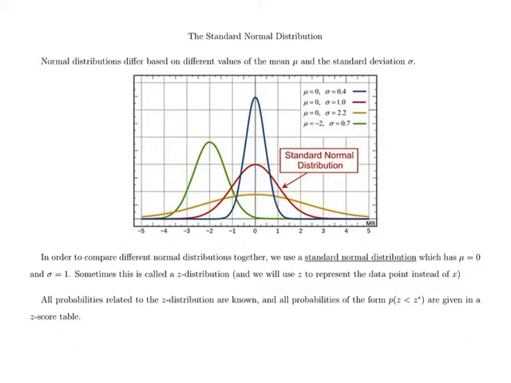All right, let's talk now about the standard normal distribution. We talked about how there are lots of different normal distributions and they differ based on the mean and the standard deviation. Really, we're going to focus on the difference in the standard deviation. So here are 4 different normal distributions on one graph. The first 3 all have the same mean, but different standard deviations. Let's talk about these really quick.